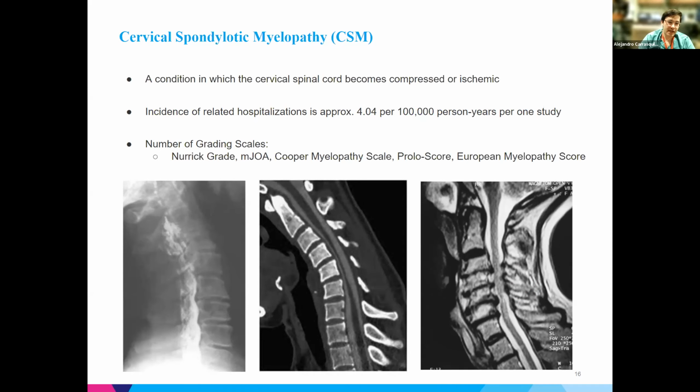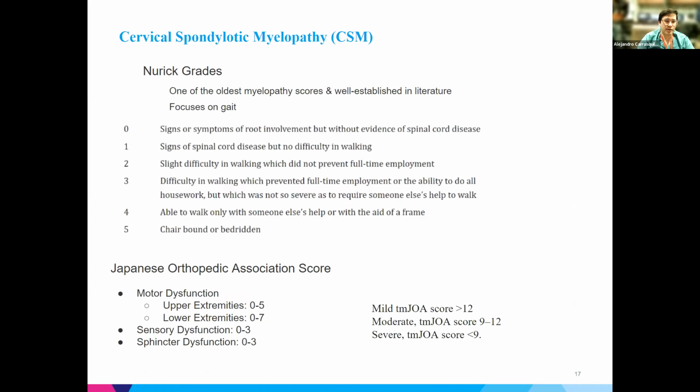One of the oldest is the Nurick grade, and it's well established in literature. Its primary focus, however, is gait, which brings with it some limitations when patients develop other symptoms more so than gait. And it ranges from 0 to 5, 0 being minimal disease, and 5 being chair bound or bedridden.